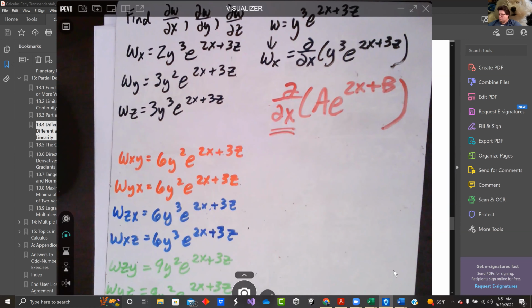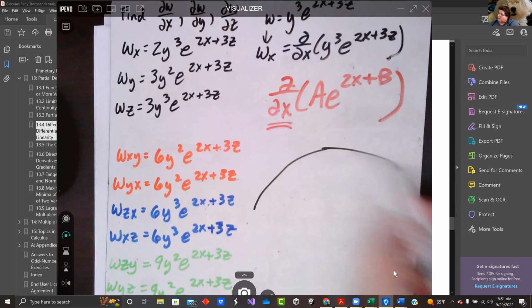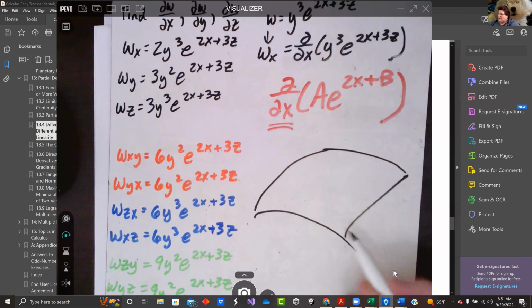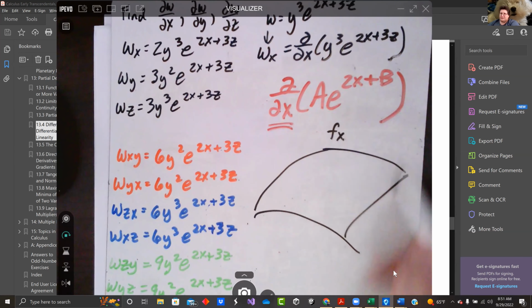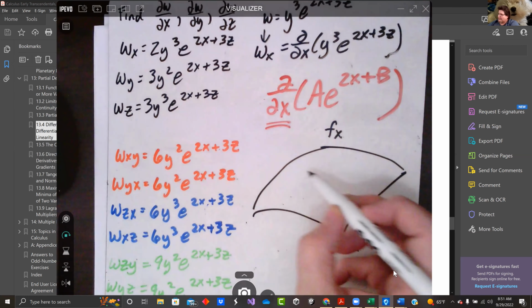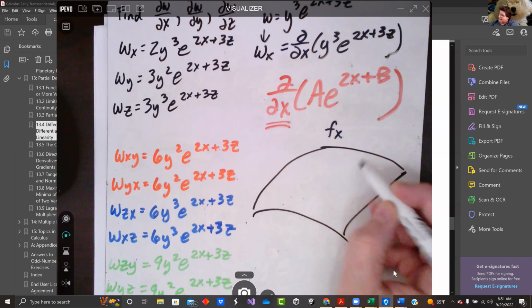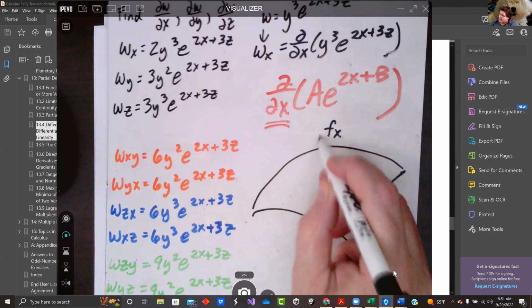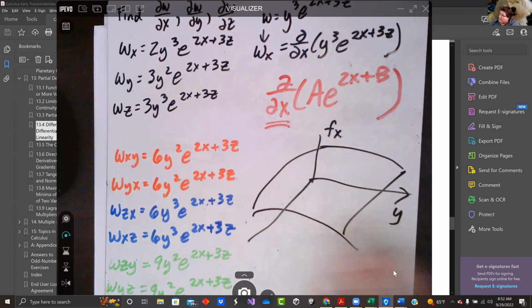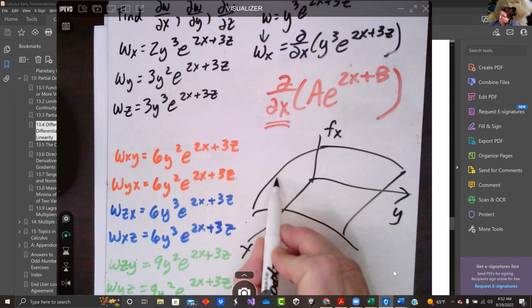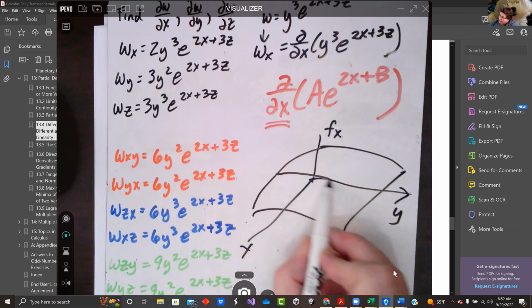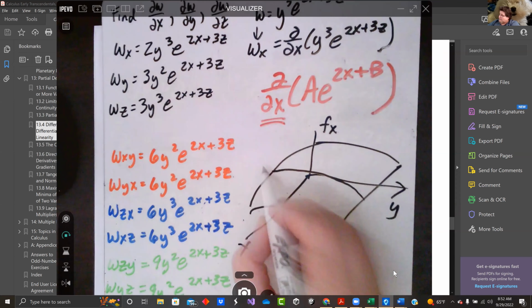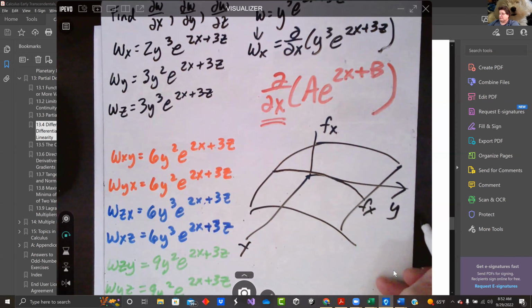When you're looking at a two-dimensional surface, let's go back to 2D. f of x goes in one direction where y is held constant. If I've got x, y like this, y is constant when the f of x is parallel to the y-axis.